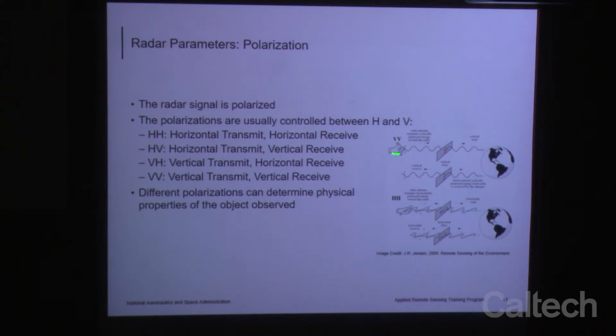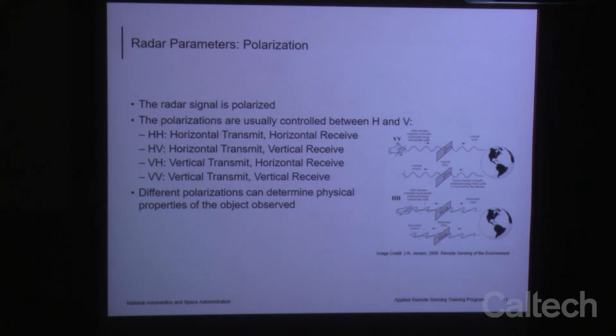So horizontally polarized energy has the electric field vector pointed basically horizontally to the surface of impact. Vertically polarized energy will have the electric field vector pointed vertical to the surface of what it's scattering from.